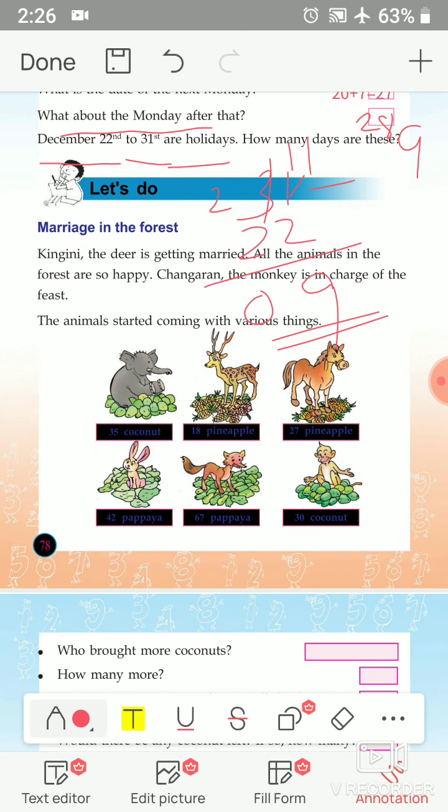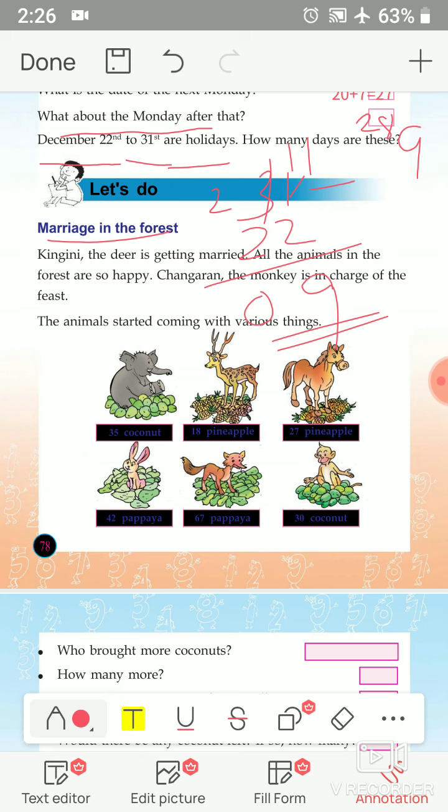Then next question. Let's do marriage in the forest. Kingini, the deer, is getting married. All the animals in the forest are so happy. Shankaran, the monkey, is in charge of the feast. Here we can see in this forest, the deer is getting married.